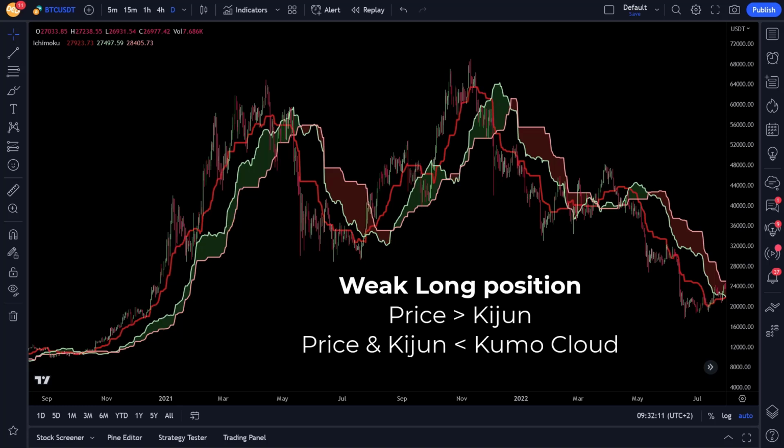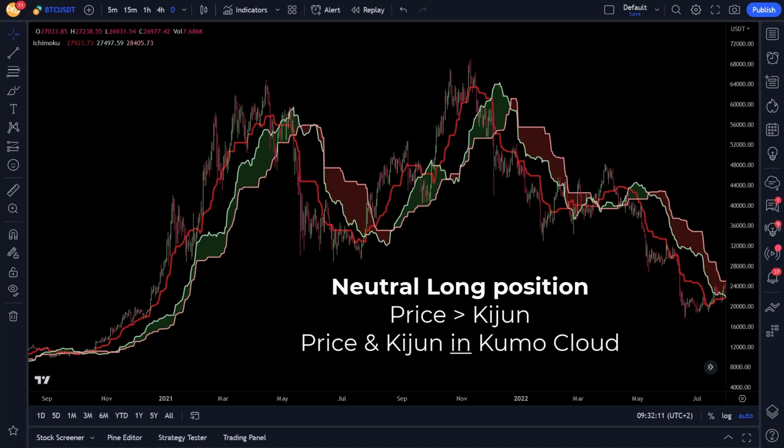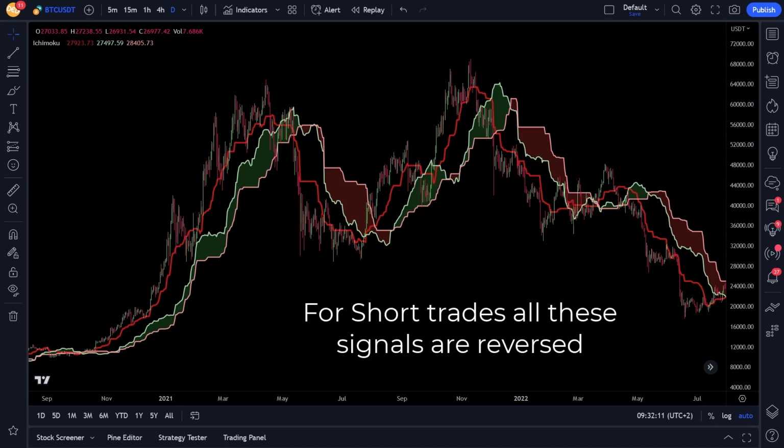A weak bullish signal will be considered when price closes above the Kijun but the crossover is below the Kumo. And if the price closes above the Kijun and it is within the Kumo cloud, then it's considered a neutral bullish signal. And for bearish or short trades, these signals are reversed.